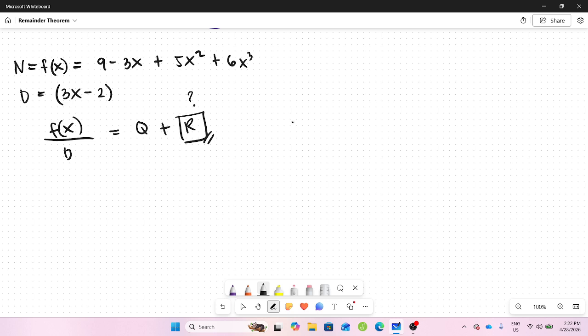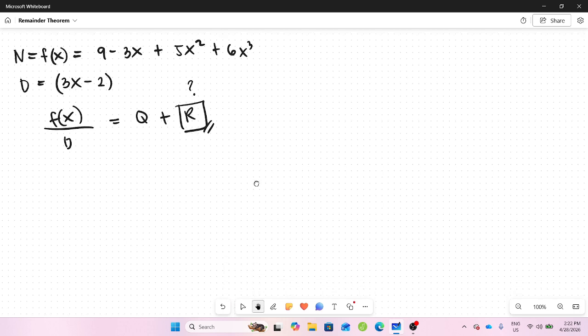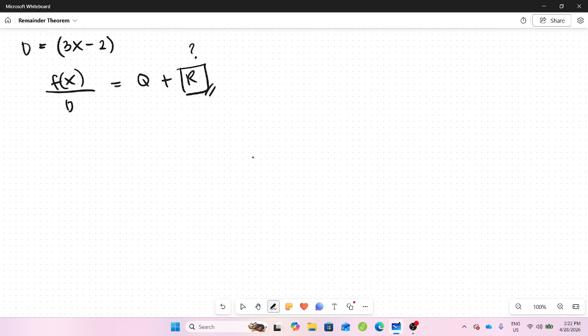Okay, now, so this becomes the quotient times our divisor plus the remainder should be equal to f of x. That's the remainder theorem. Now, again, we want to make sure that this ends up to 0.